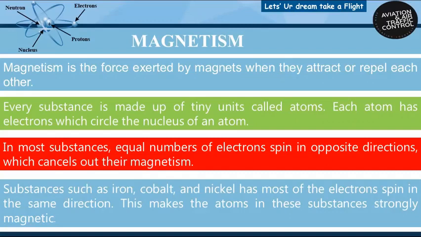In most substances, an equal number of electrons spin in opposite directions, which cancels out their magnetism. Substances such as iron, cobalt, and nickel have most of the spin in the same direction. This makes the atoms in these substances strongly magnetic.